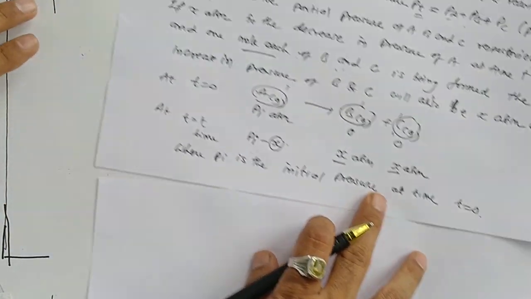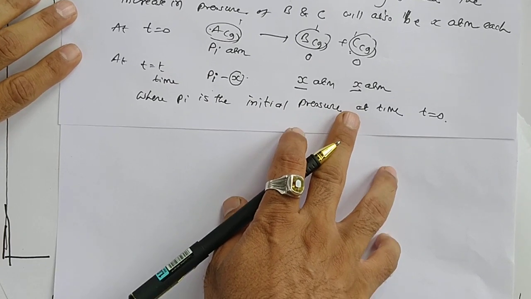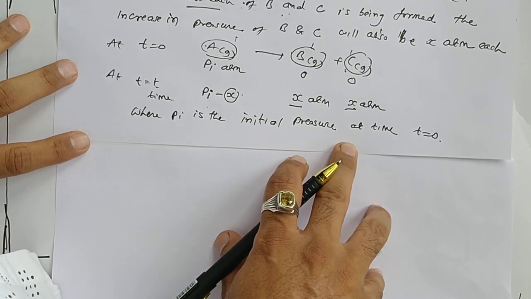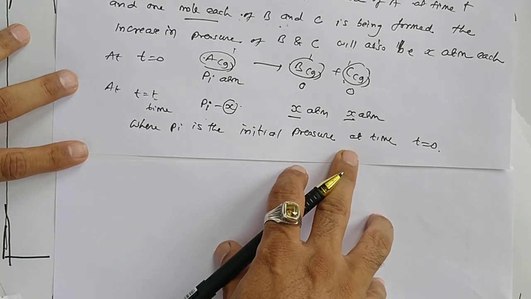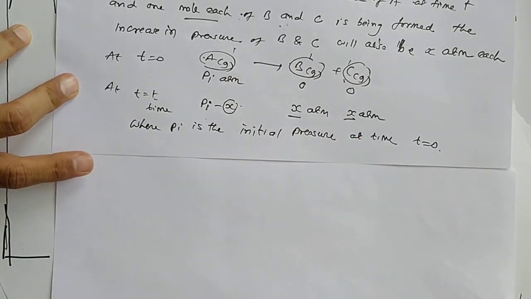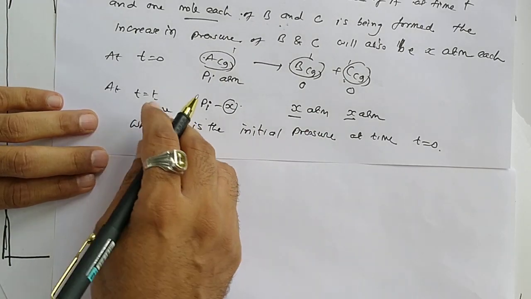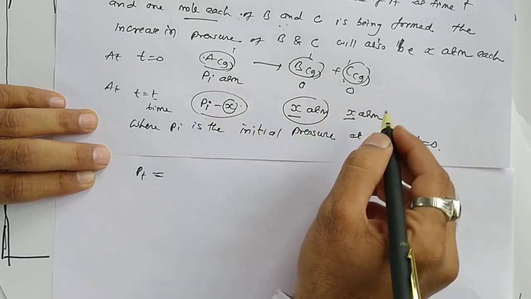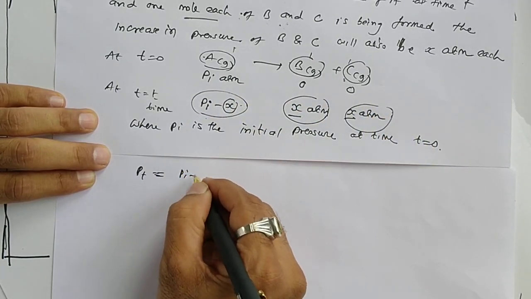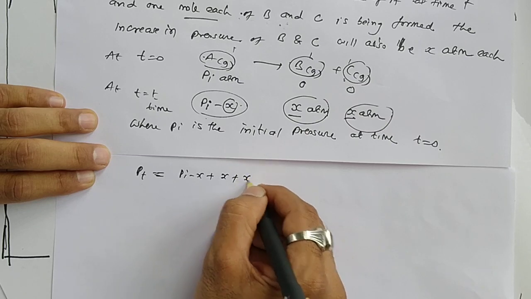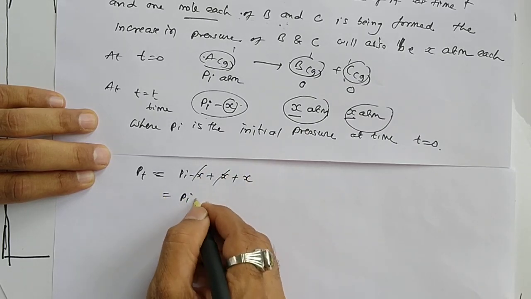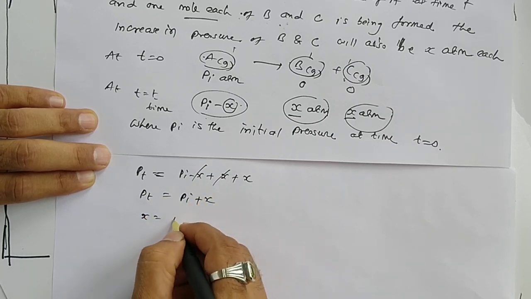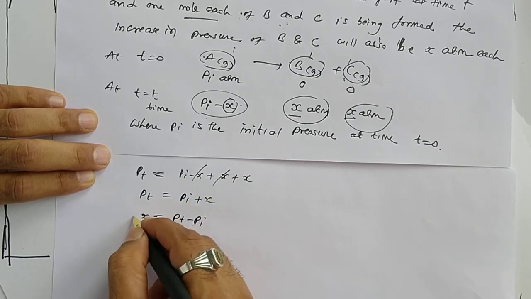So Pt is the total of these three: Pi minus x plus x plus x, the x cuts, so Pi plus x will be Pt, so x will be Pt minus Pi.